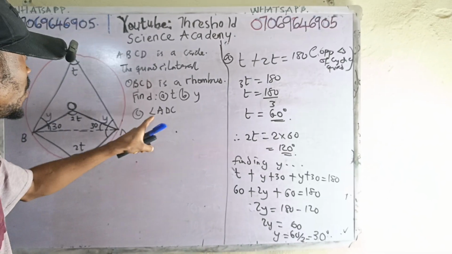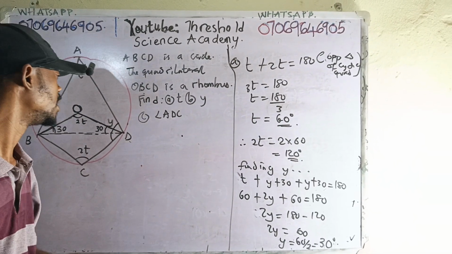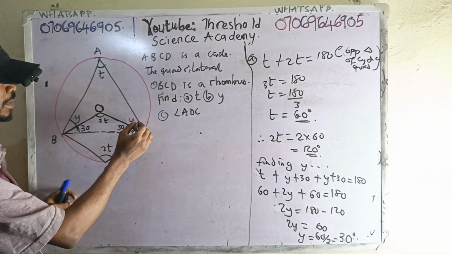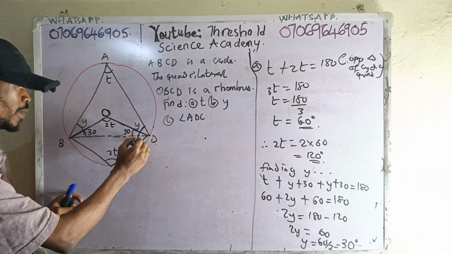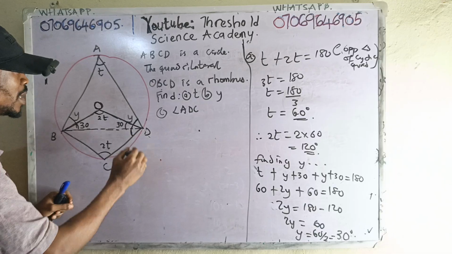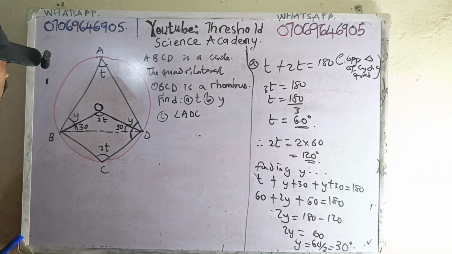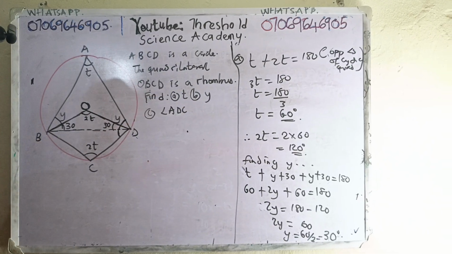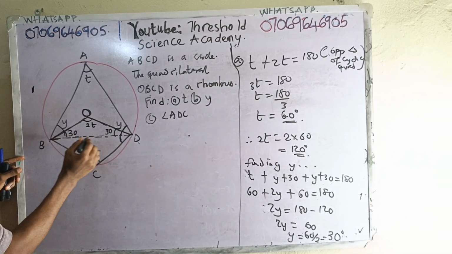Now let's find angle ADC. Angle ADC, definitely we know is this y here, this 30 here, and this unknown angle here. How do we know the angle? We know that this particular shape, they said it's a rhombus, all right? And there's this dotted line that goes from this corner to this corner.